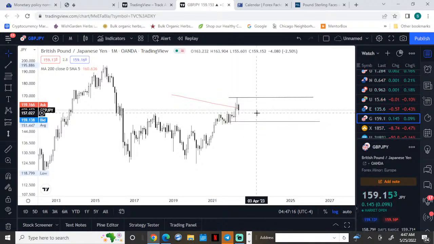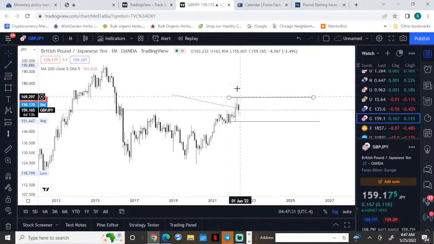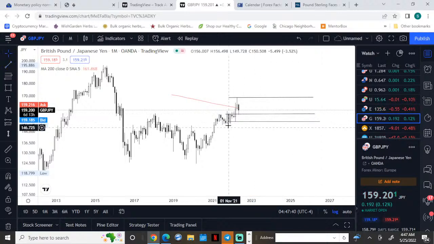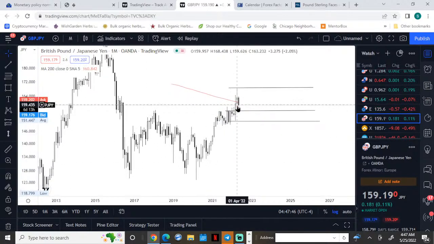And then, let's see, I want to mark right here because we have all of these wick touches right here, and price did close above here, so let's mark right there, at the body. So what was this? November, December 2021 highs. Price did touch.